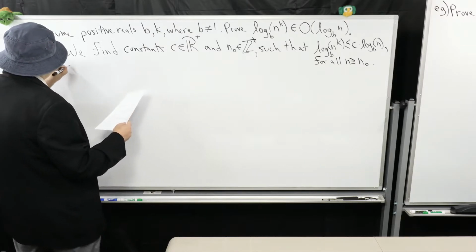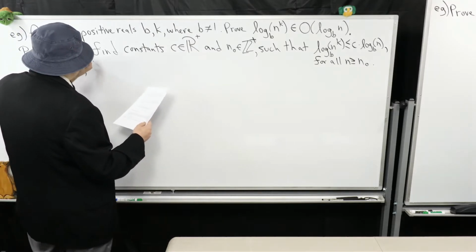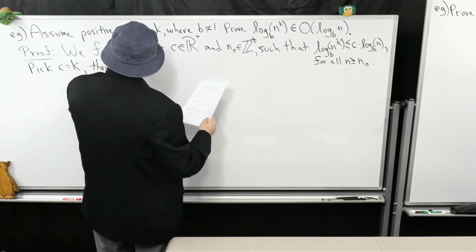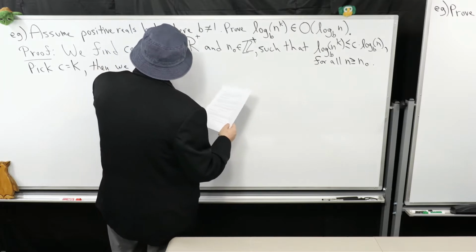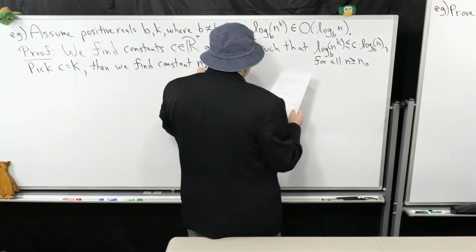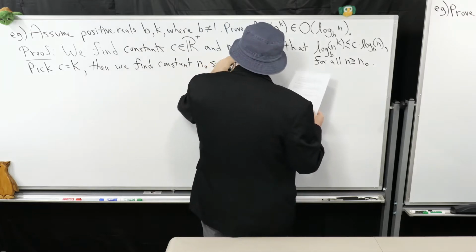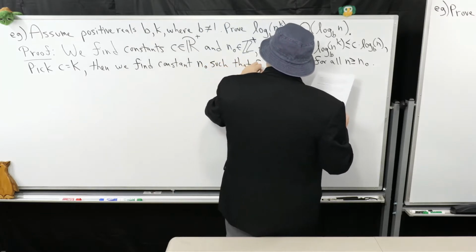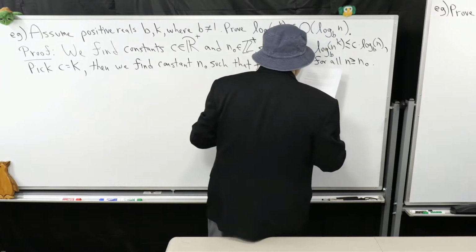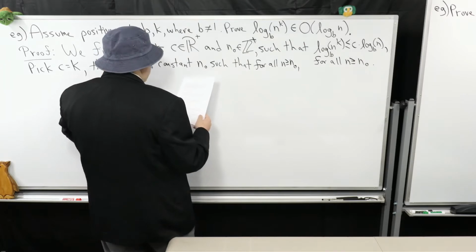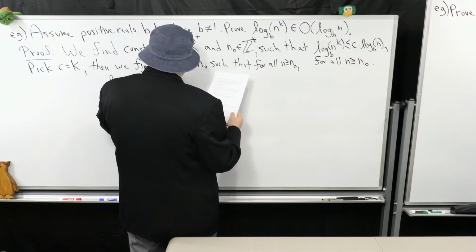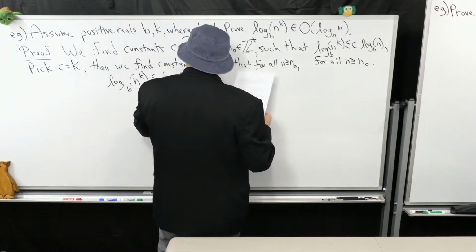So I'm going to pick c equal to k. Then we find constant n0 such that for all n greater than or equal to n0, log base b of n to the k is less than or equal to k times log base b of n.